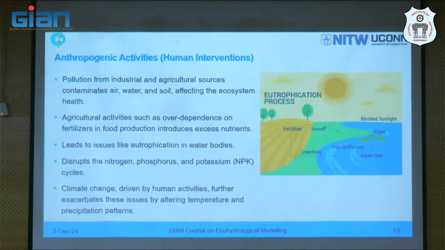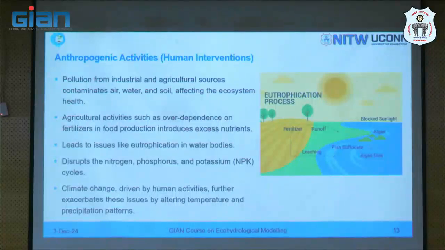Other problem with eutrophication is that because there is an excess algal production, and if that water body is used as a drinking water source, the last process in drinking water purification is chlorination, right? Water is supplied with chlorine because it is antimicrobial.